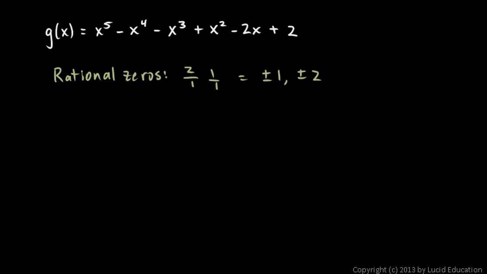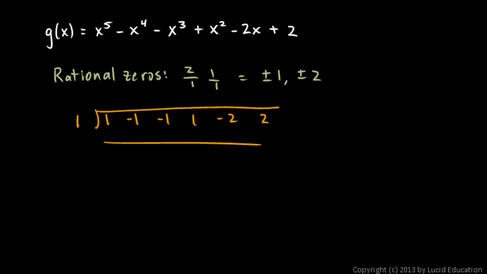So let's start testing these, and we'll start with 1. We write our coefficients down: 1, negative 1, negative 1, 1, negative 2, and 2. And we put a 1 out here.